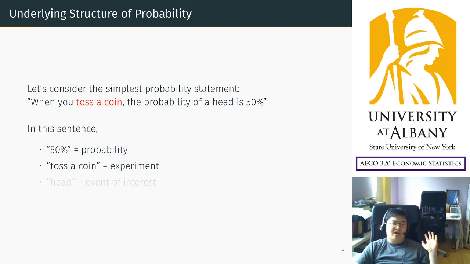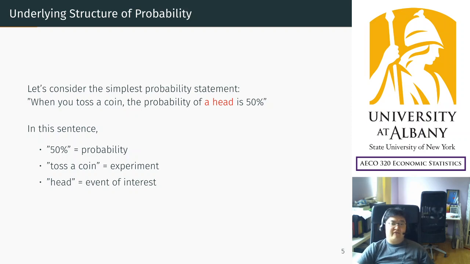But anyhow, you have to find out what experiment defines this probability. And finally, you have to define the event of interest. I am telling you that if you do this experiment, the probability is 50%. Then probability for what? In this case, this is the probability of getting a head.